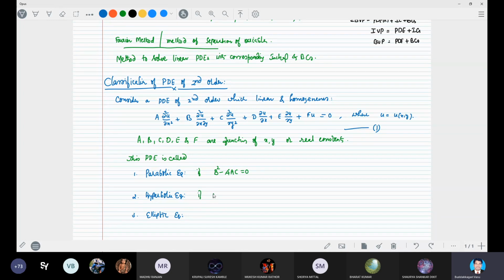If b square minus 4ac is greater than 0, hyperbolic. If b square minus 4ac is less than 0, then the equation is said to be what? Elliptic equation, right? Elliptic equation.